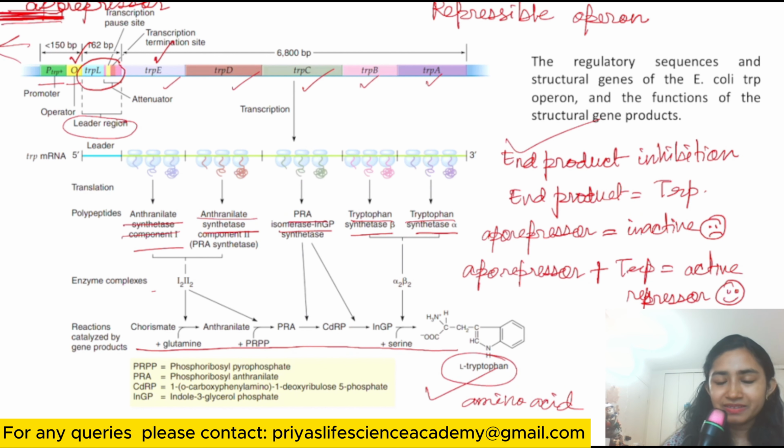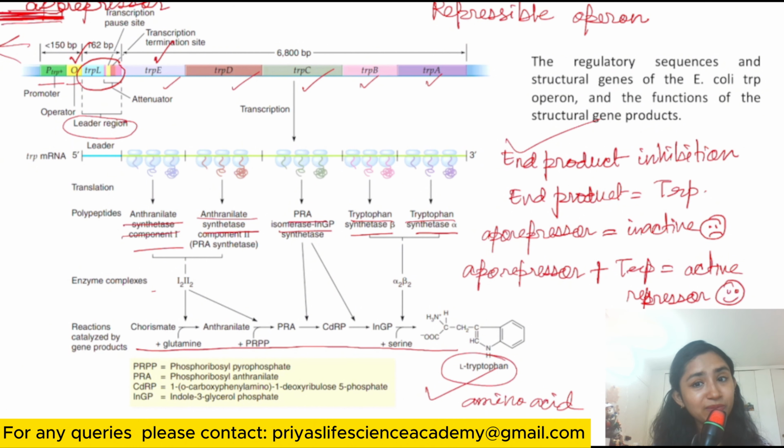So the Apo repressor is always present, but it can't bind on the operator region and can't turn off the operon. Whenever the Apo repressor is conjugated with tryptophan, it produces the active repressor. Then the active repressor can bind on the operator region and can turn off the operon.